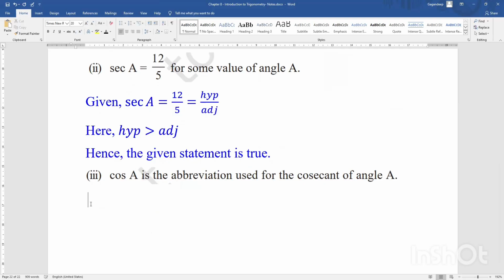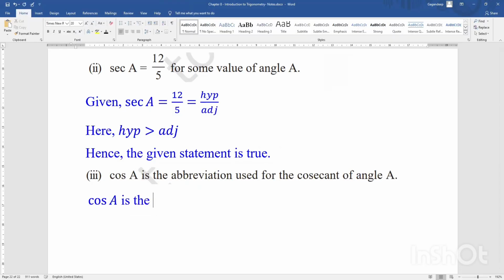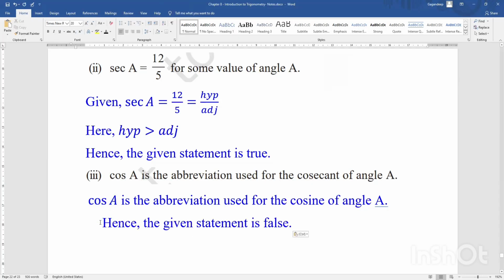Cosine of angle A. So we can write like this: cos A is the abbreviation used for the cosine of angle A. Hence, the given statement is false.